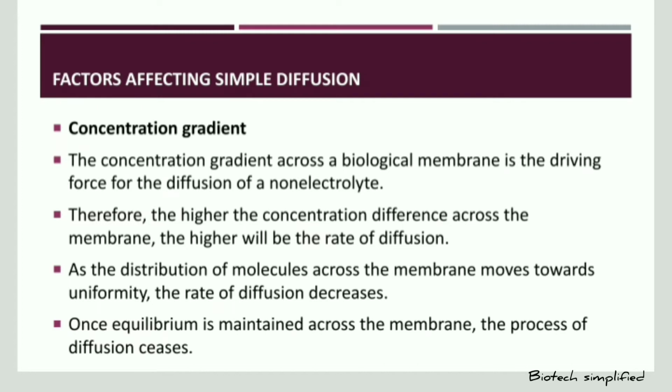The rate of diffusion is high when there is a concentration difference. When uniformity is almost attained, the diffusion rate decreases, and when equilibrium is attained, diffusion stops. So, when there is a concentration difference, the rate of diffusion is highest.